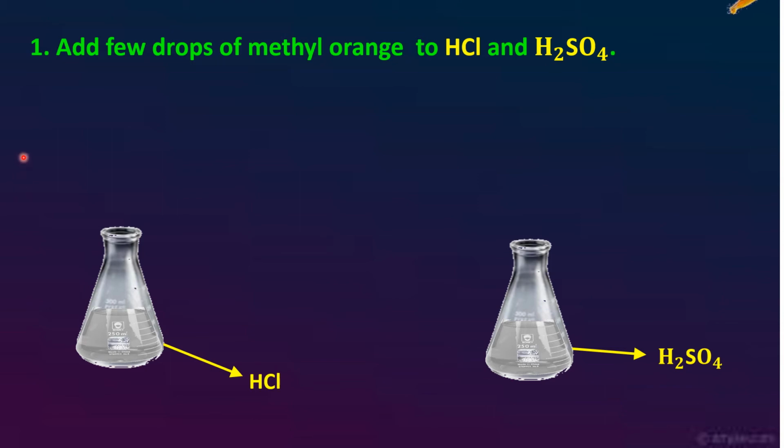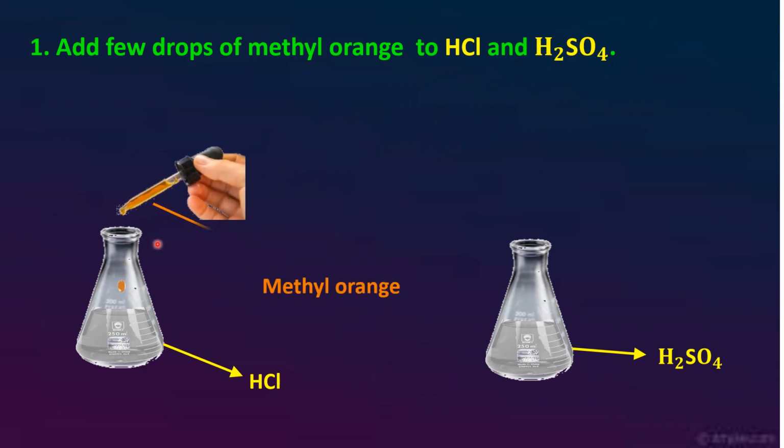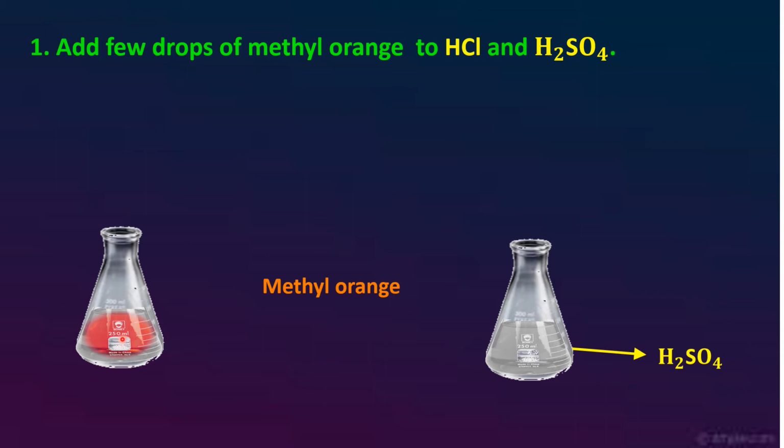Now we'll add methyl orange. This is the methyl orange. See, you're finding that the solution has changed to red color. Whenever methyl orange is added to the dilute HCl, the colorless solution has changed to the red color.